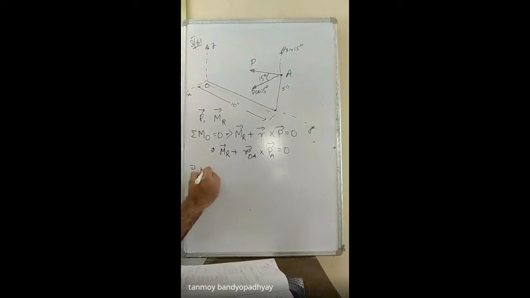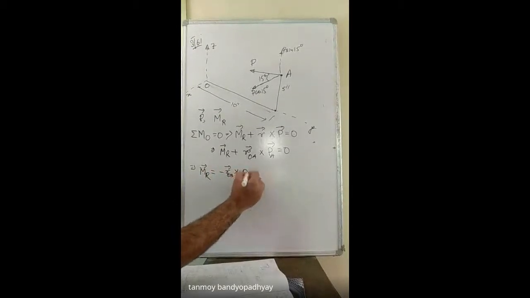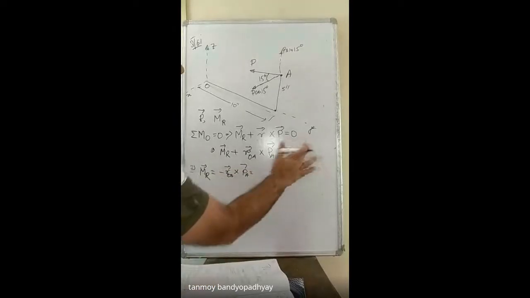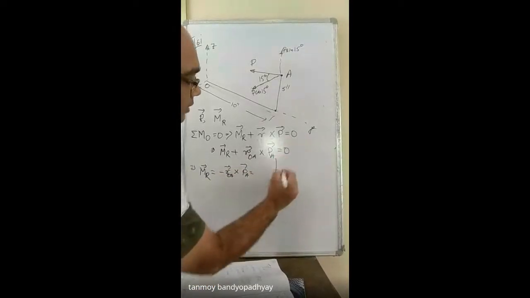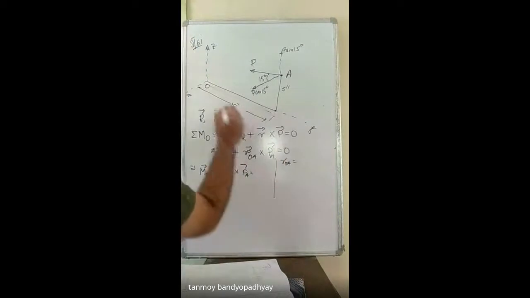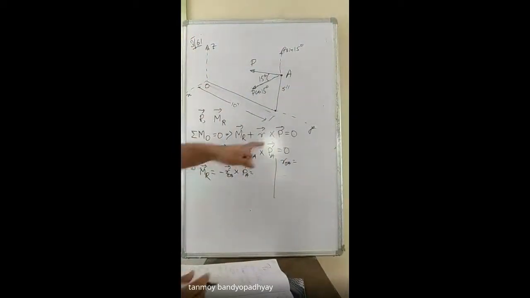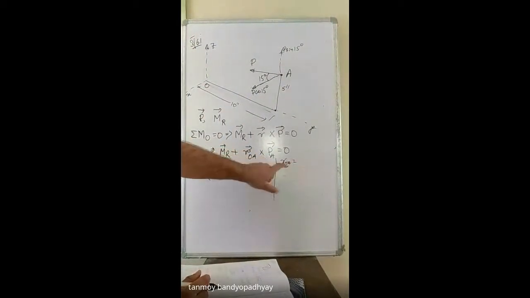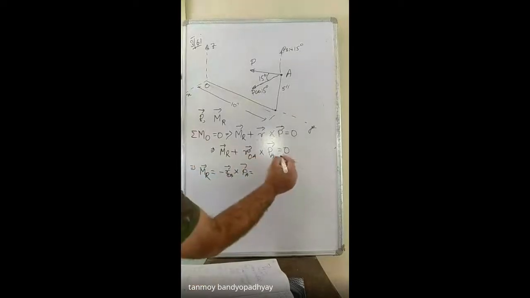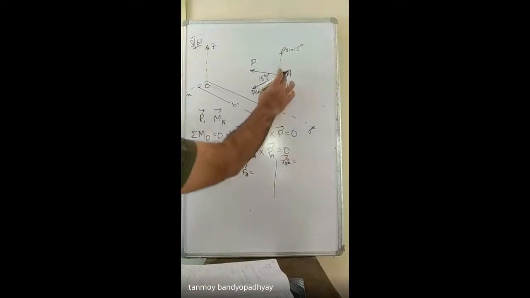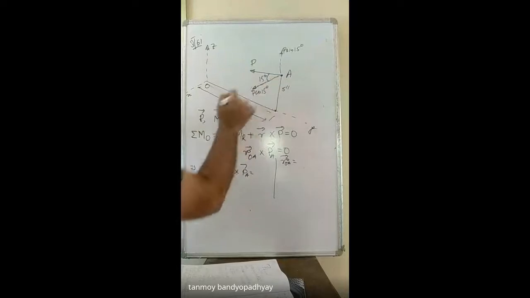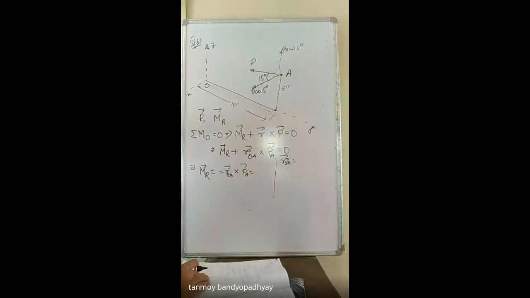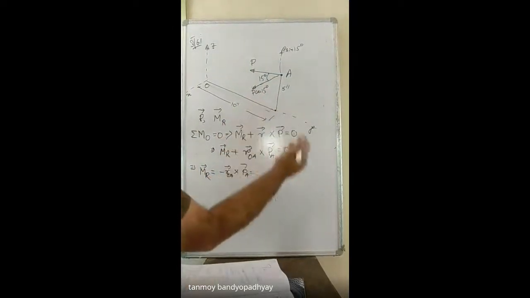Now if I need to calculate vector M_R, it should be equal to minus ROA cross PA. How do we get ROA? O I have already taken as the origin, so if I know the coordinates of A, that will form ROA. The x coordinate of A is nothing, since it lies on the zy plane.